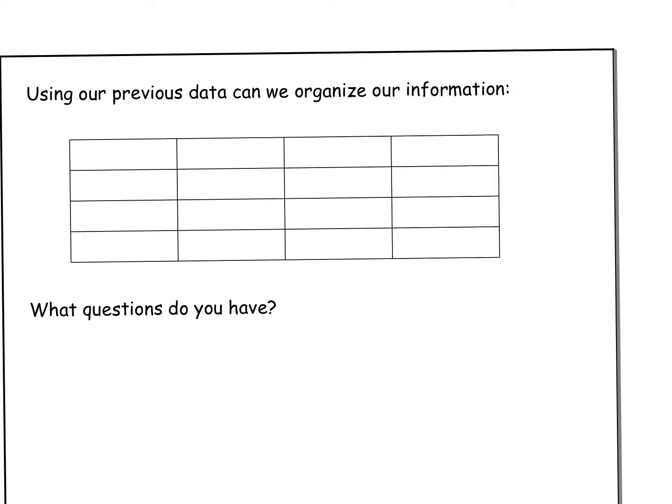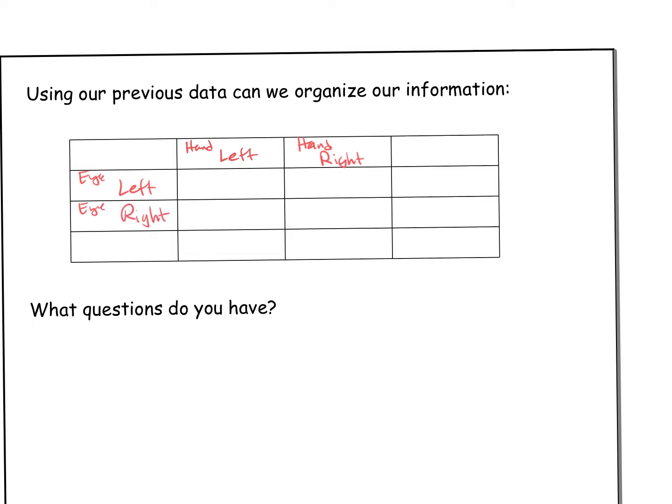Making a two-way table, you could look at your hand and say hand left, hand right. We could look at the eye and say eye left and eye right.